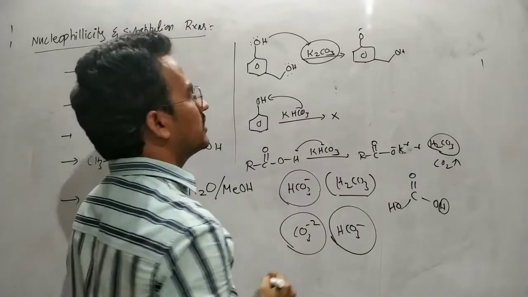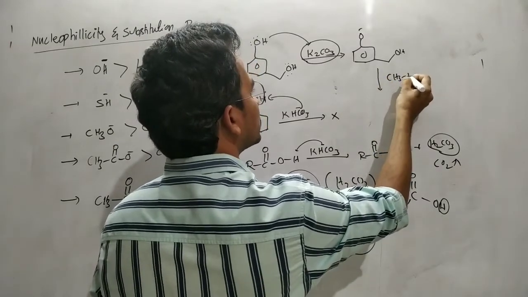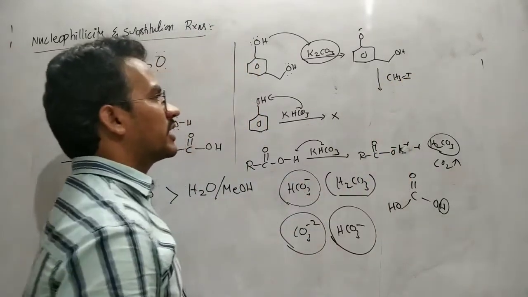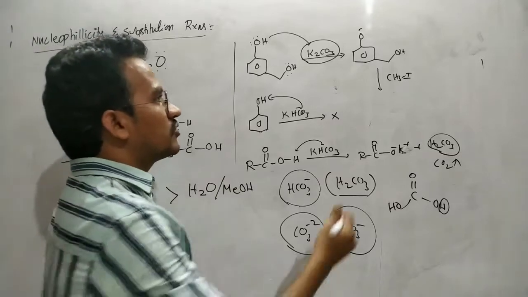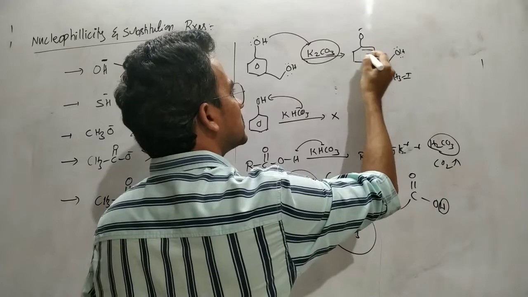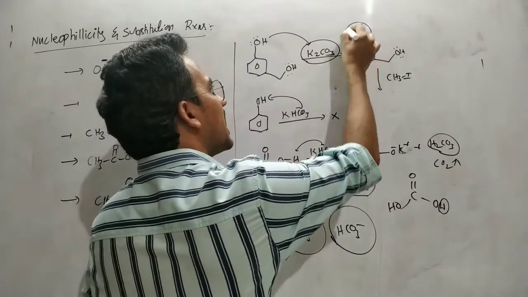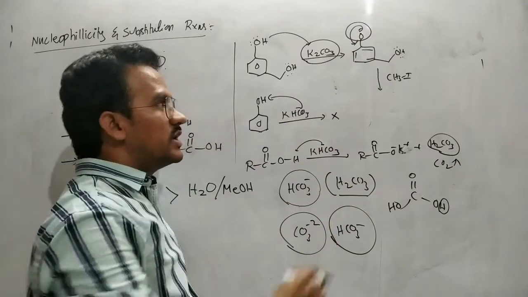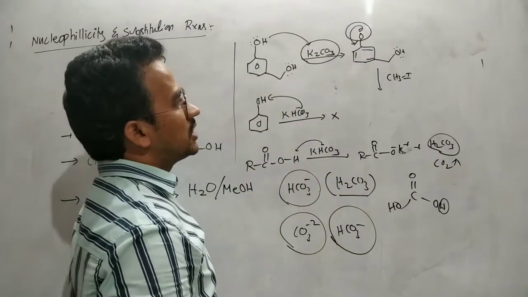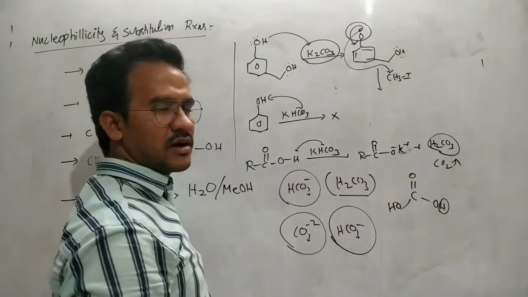Now this reacts with methyl iodide. Of course, for the lone pair of electrons there is no resonance, but for this negative charge there is resonance. Still, due to its higher electron density, being a charged nucleophile, the O minus attacks the methyl carbon.